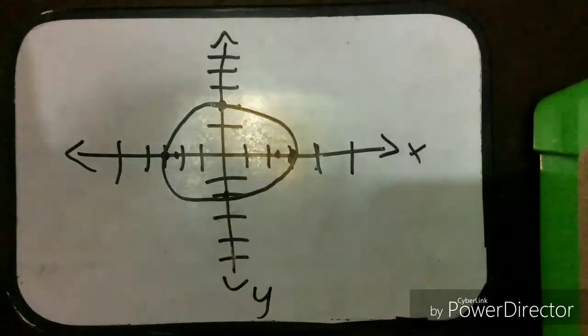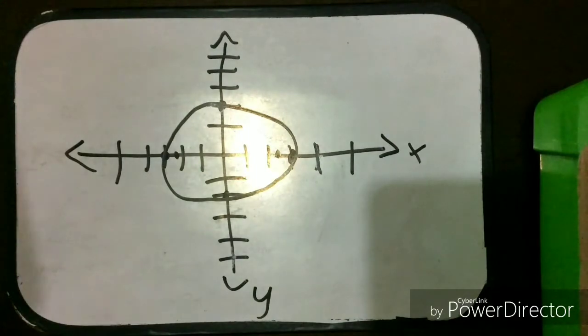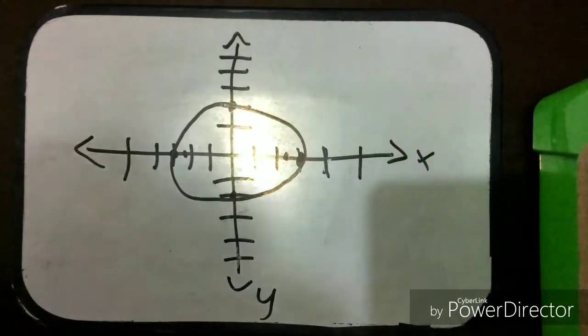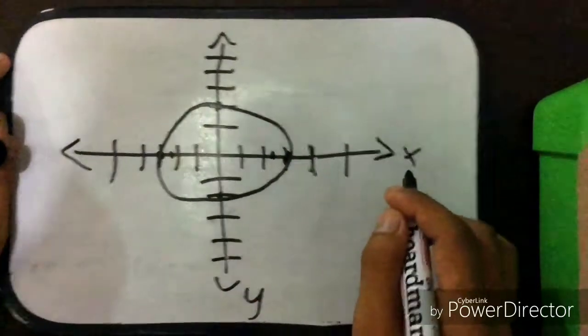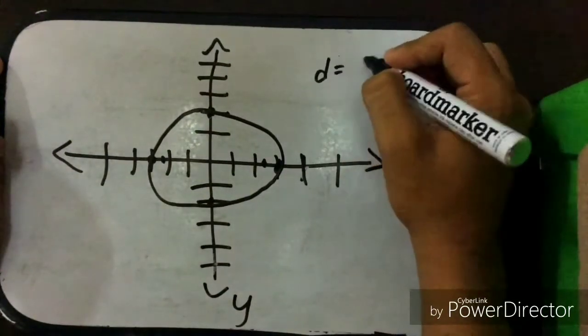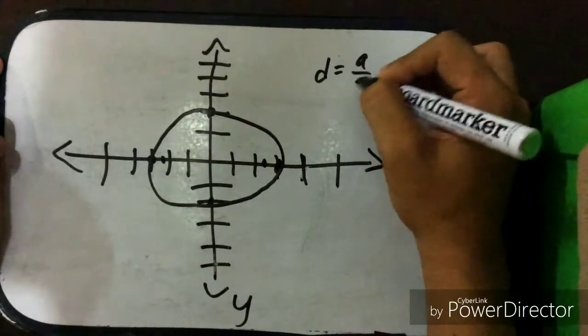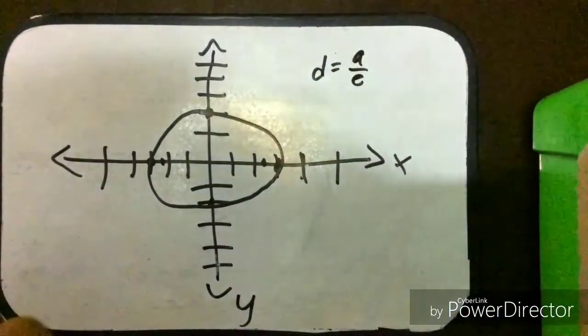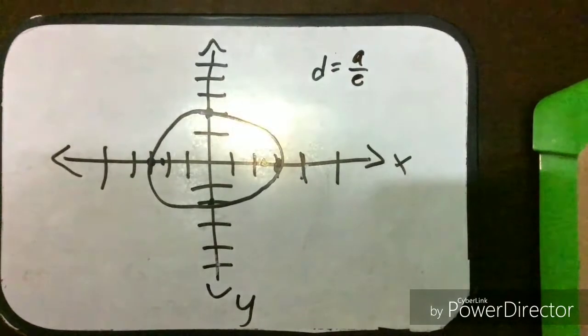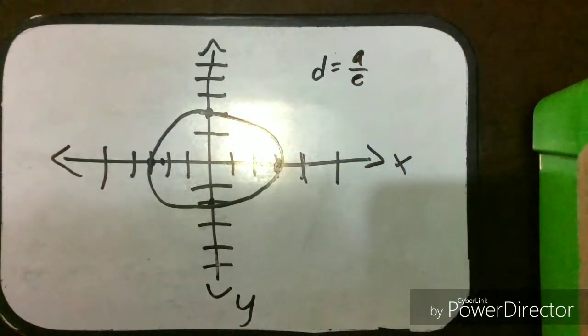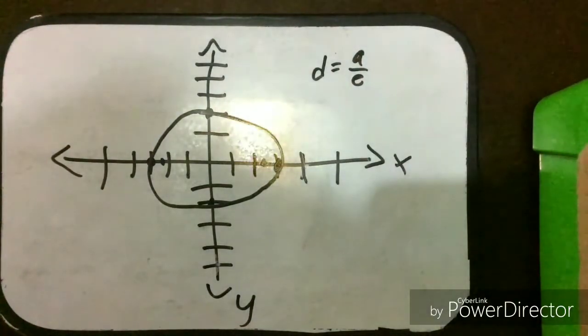So, the important relation on an ellipse: let the distance from the center to the vertex be A. The distance from the center to the focus is C. And the distance from the center to the directrix is D. So, to find D, the formula for the directrix is D equals A over E. So, D equals the major axis divided by the eccentricity.